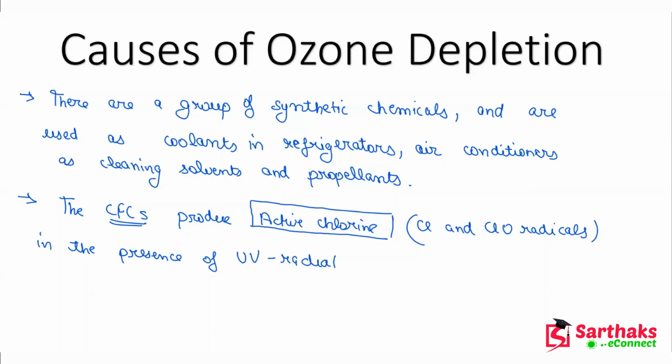These active chlorine radicals catalytically destroy ozone.